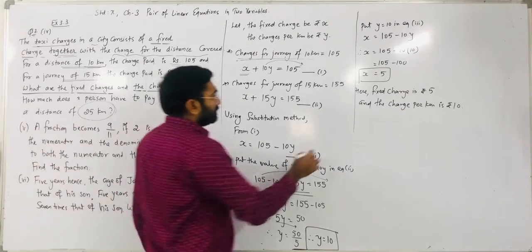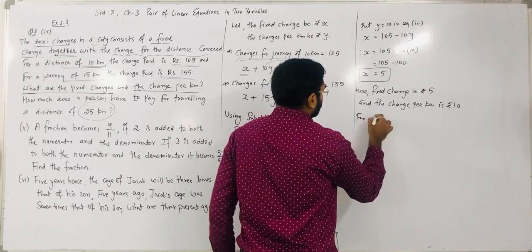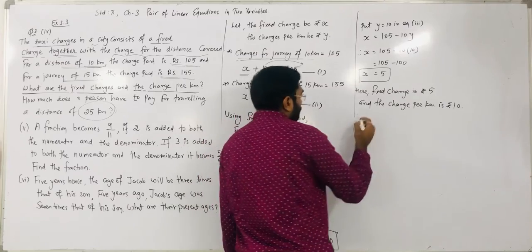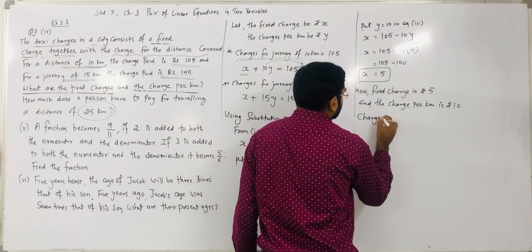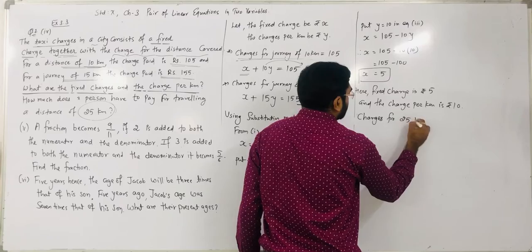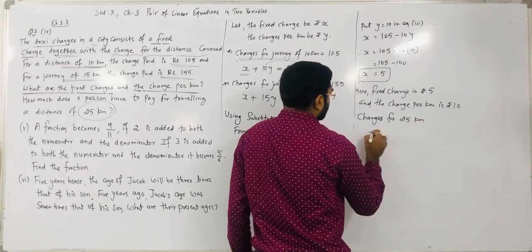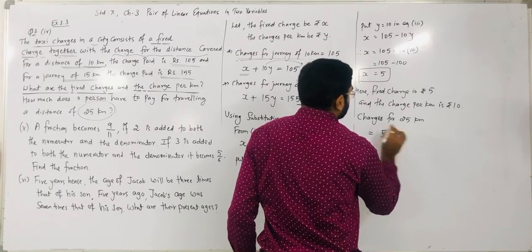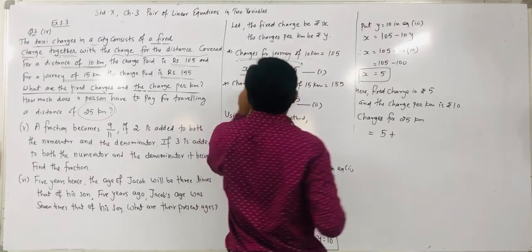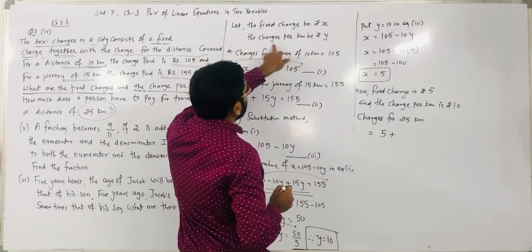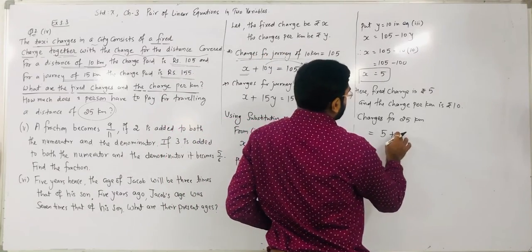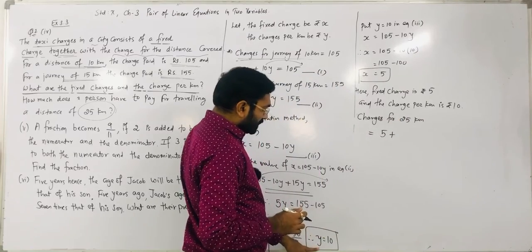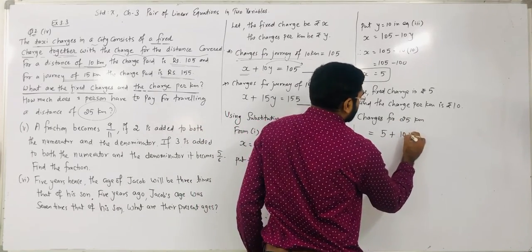So the charges for 25 km: fixed charge is 5 plus the charges per kilometer. The charge per kilometer is 10 and you travel 25 kilometers.